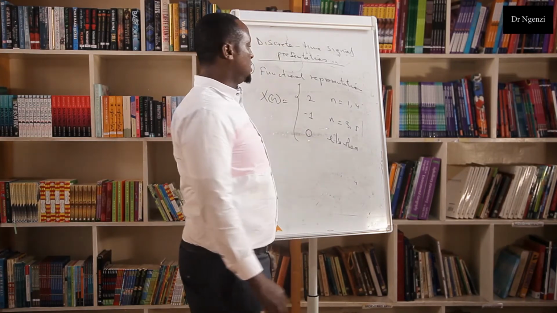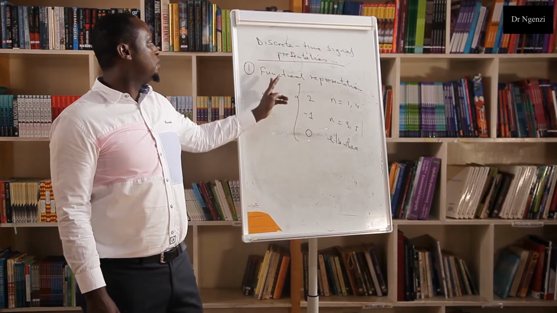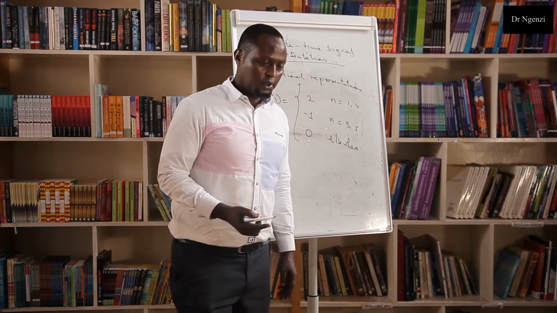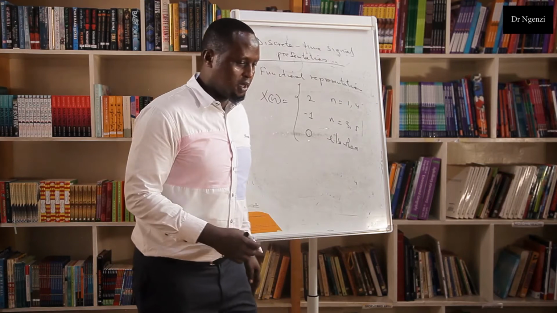Suppose you are given these numbers and you want a representation. This is a functional presentation. Whenever you are given this, remember you are presenting your signal in functional form.